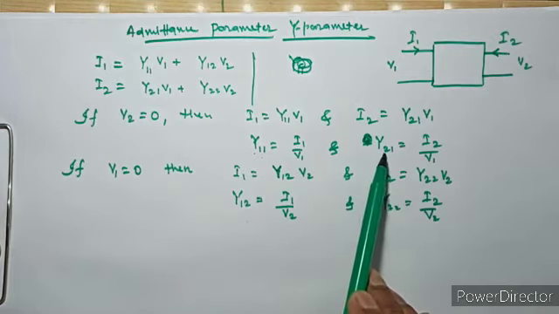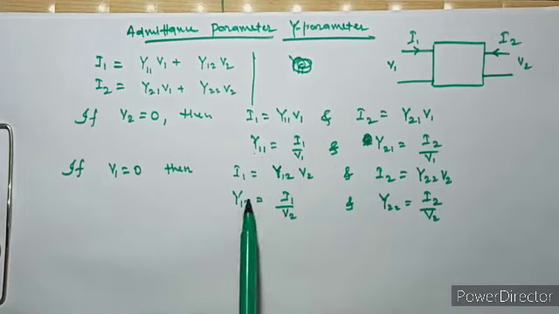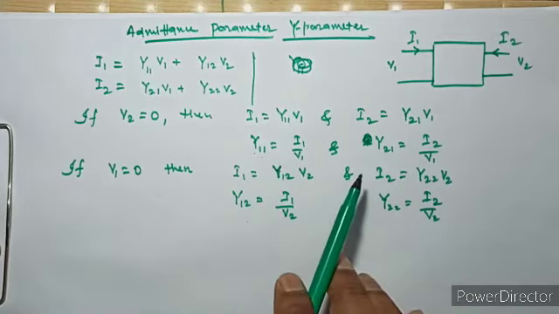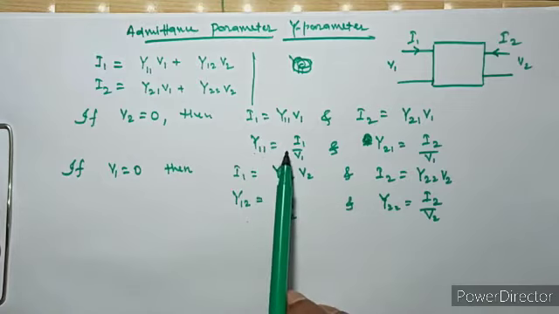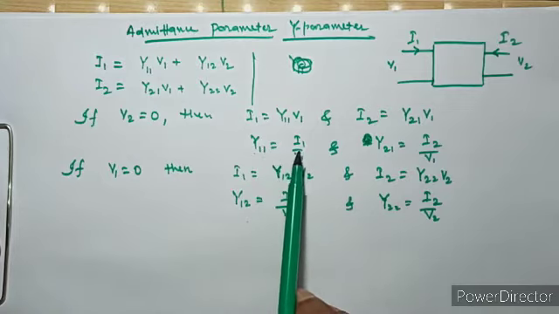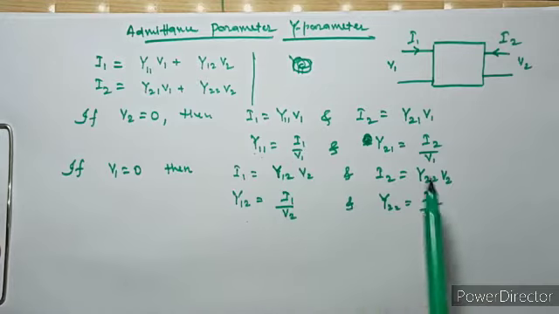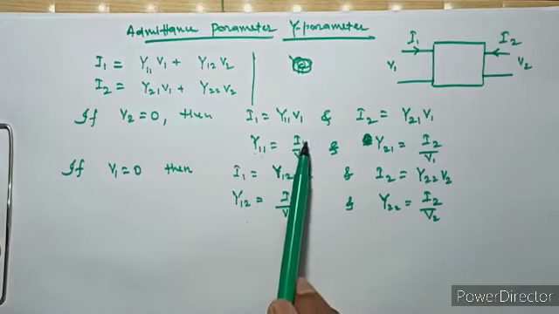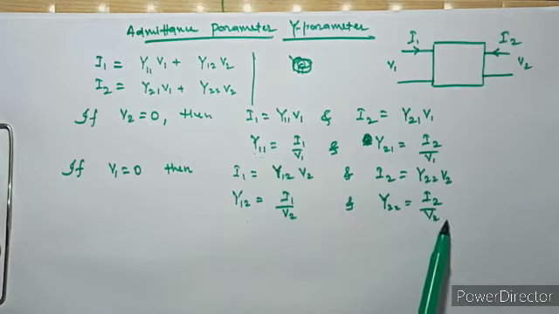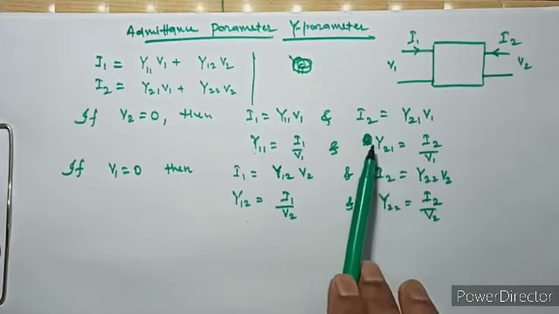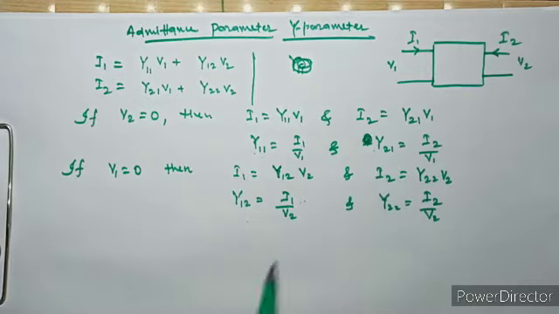So these are also called short circuit parameters. Y11 is called the short circuit input admittance, the driving point admittance at port 1. Similarly, Y22 is called the driving point admittance at port 2, and these two are called transfer admittances, right?